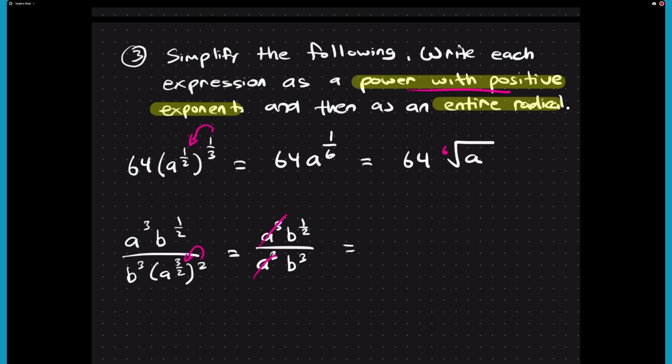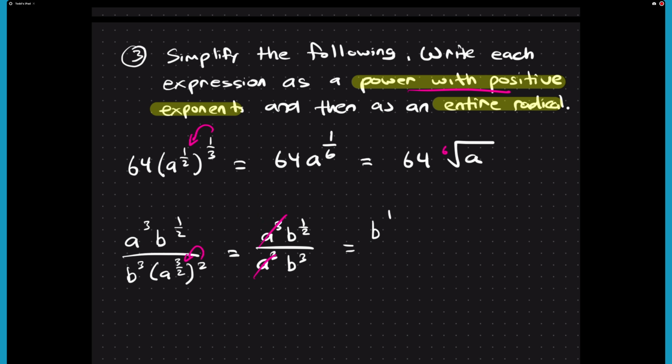So now I've still got this b. It's raised to a half. A b raised to 1 over 2 all over b raised to 3. Now, because it's a fraction, we need to subtract those exponents. To subtract exponents, we need a common denominator, so I'm going to rewrite this with a common denominator.